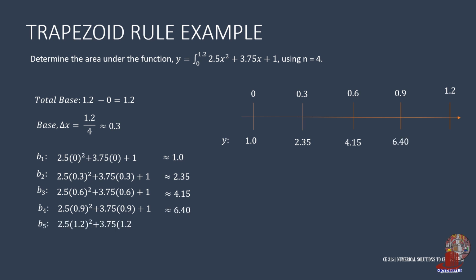The last base is 2.5 times 1.2 squared plus 3.75 times 1.2 plus 1, which is 9.1.